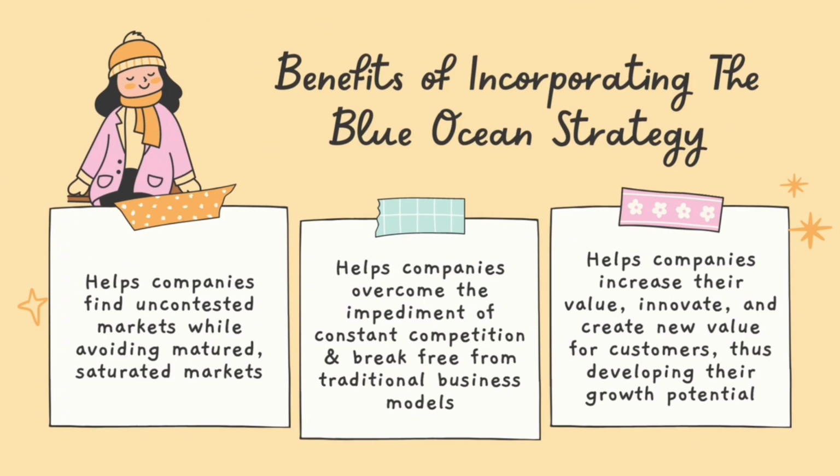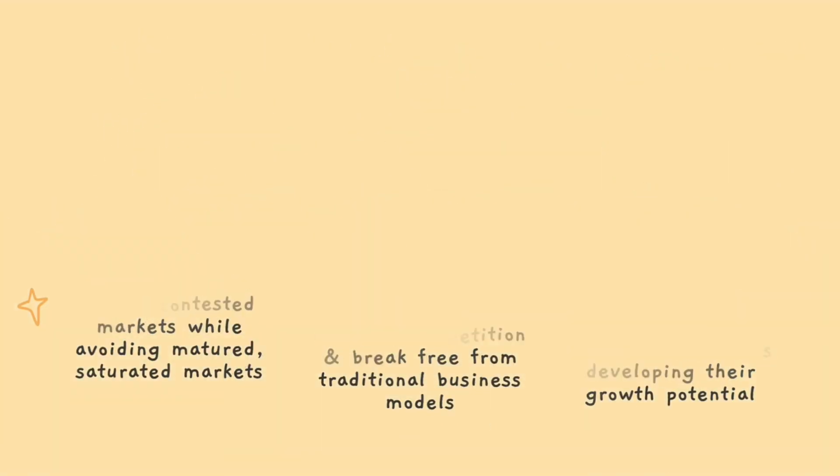It helps companies overcome the impediment of constant competition and break free from traditional business models, and helps companies increase their value, innovate, and create new value for customers, thus developing their growth potential.